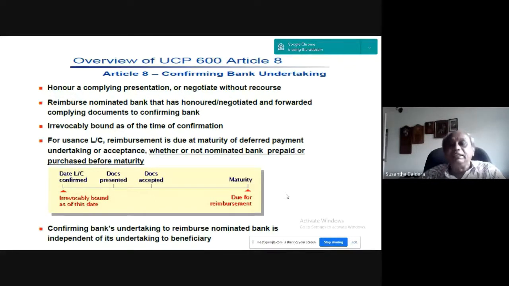For usance LCs, reimbursement is due at maturity of the deferred payment undertaking or acceptance, whether or not the nominated bank prepaid or purchased before maturity. Very much similar to the previous one.